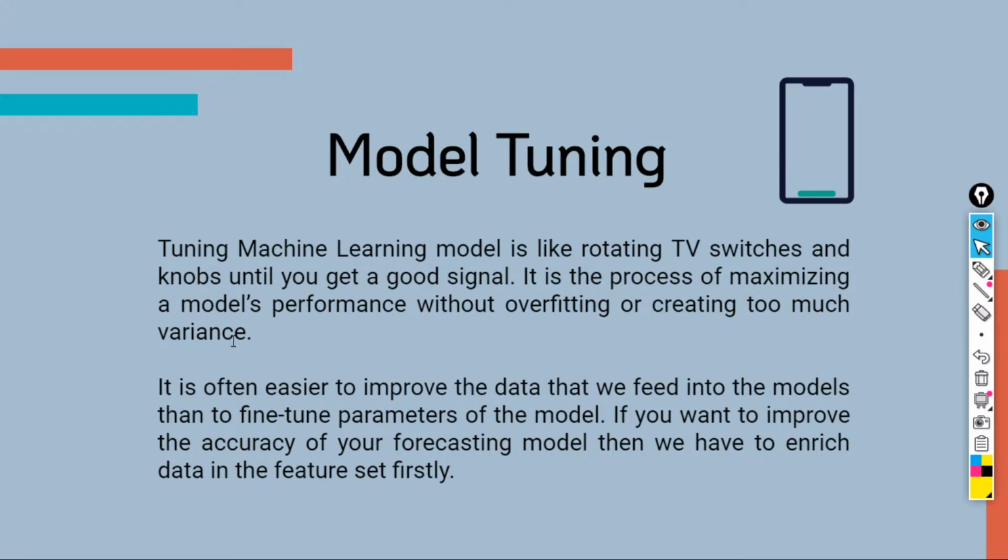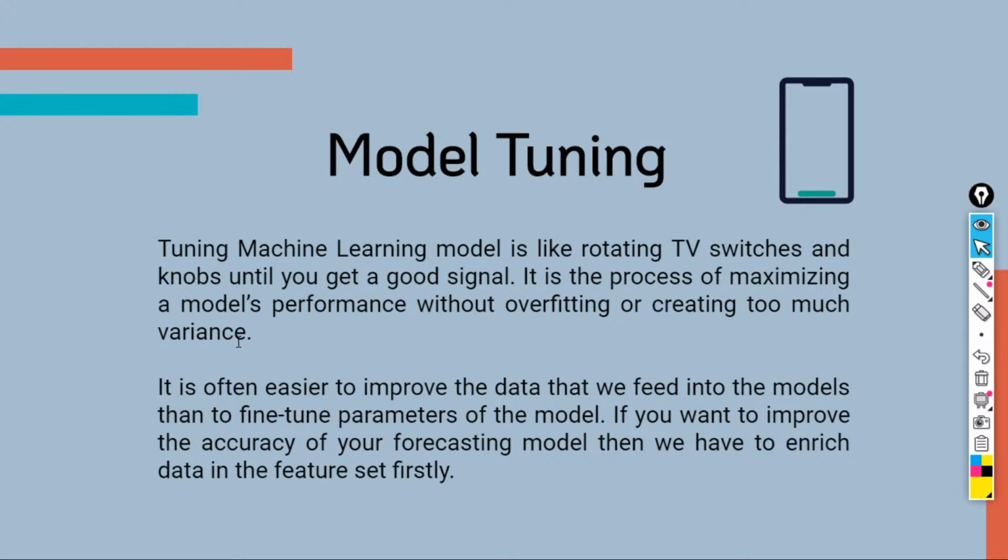Model tuning is basically like adjusting the antenna of your TV, just so that you have a good signal. It is the process of maximizing a model's performance without overfitting, underfitting, or having too much variance. The only thing we are doing here is coming up with a good model.